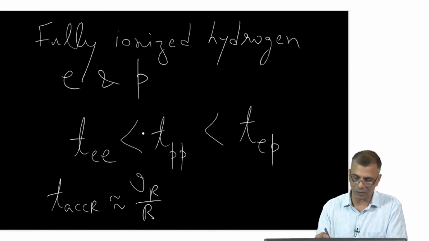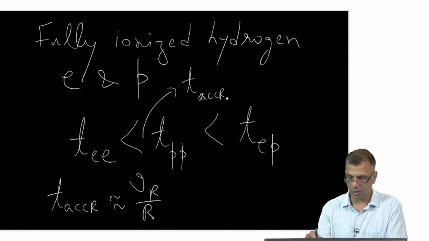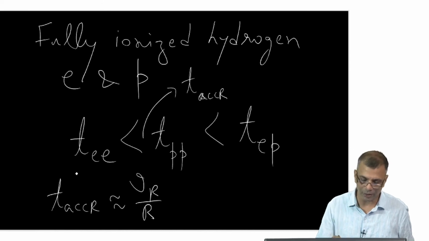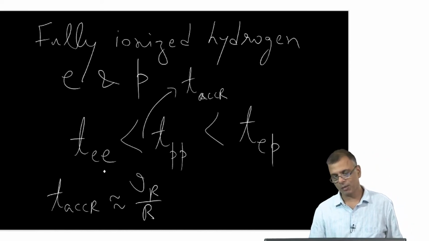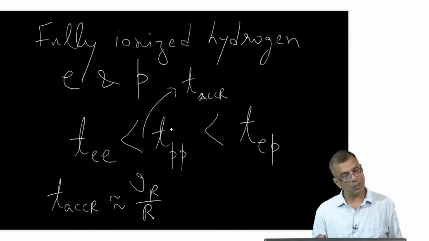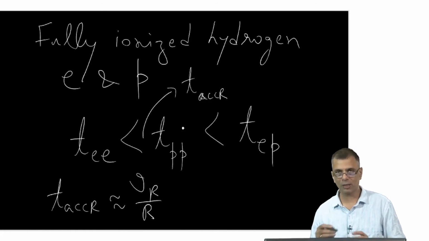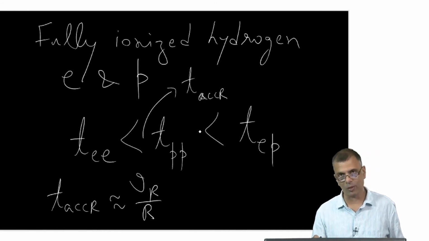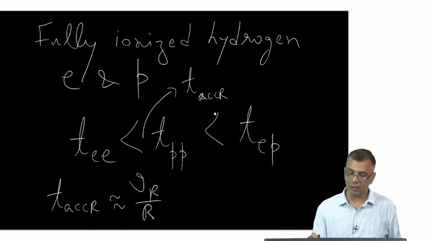So the T accretion would be somewhere here, which is saying that there is enough time for a definite electron temperature to be established. And if the T accretion is somewhere here, then there is not even enough time for the protons to collide amongst each other and establish a certain temperature equilibrium. But it's not clear whether the T accretion is on this side or this side of the equality. But definitely T accretion is smaller than TEP.